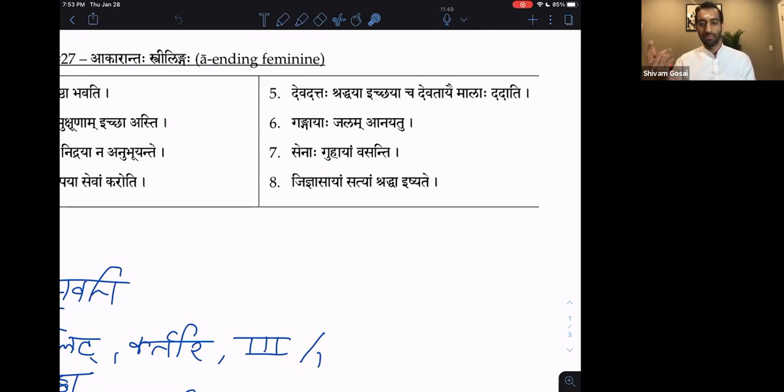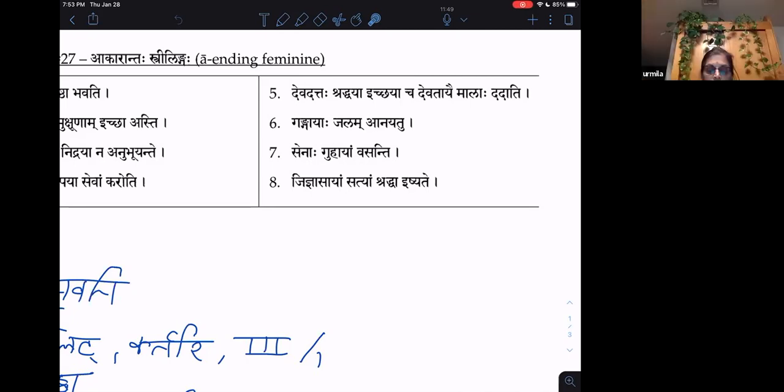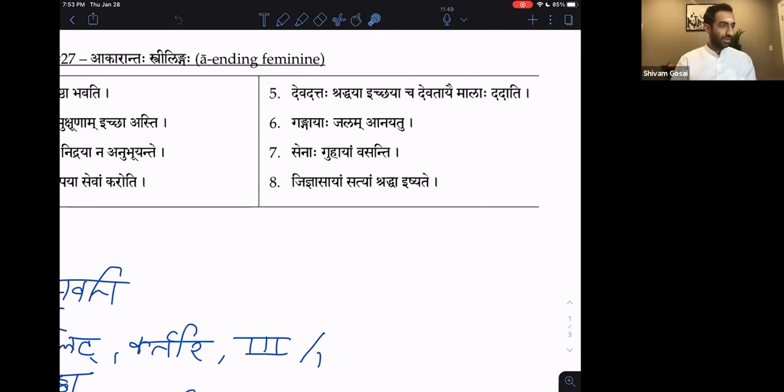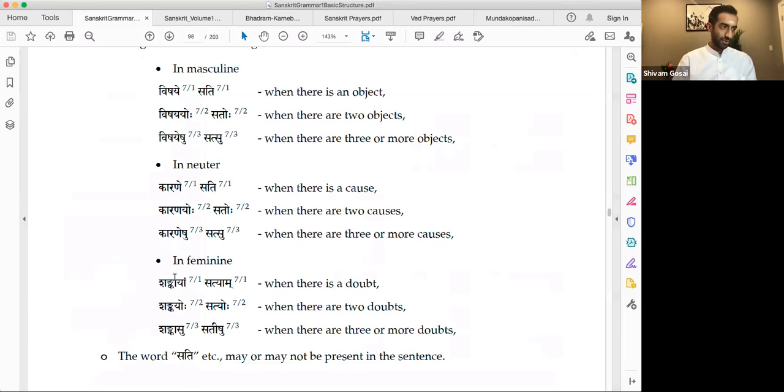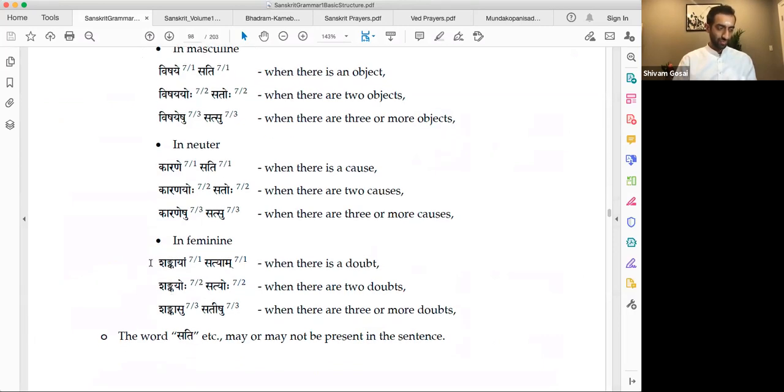And satyam comes from what we call sati saptami. And I'll show you here. So you can see I pulled it up here. Like shankayam satyam.